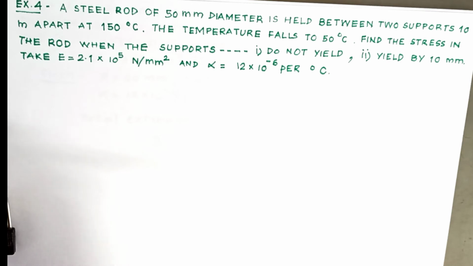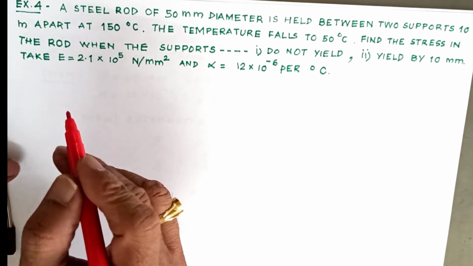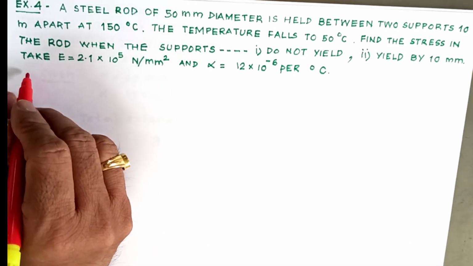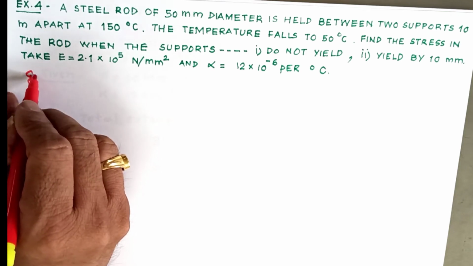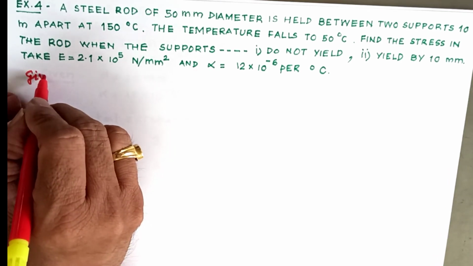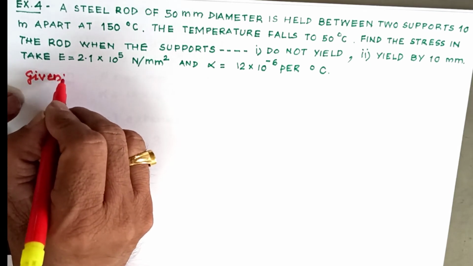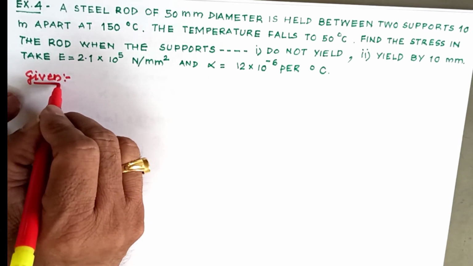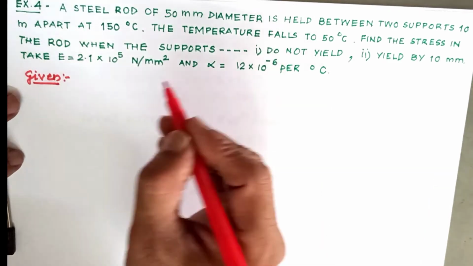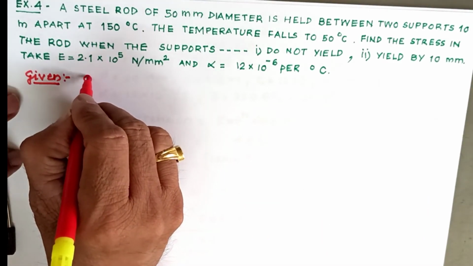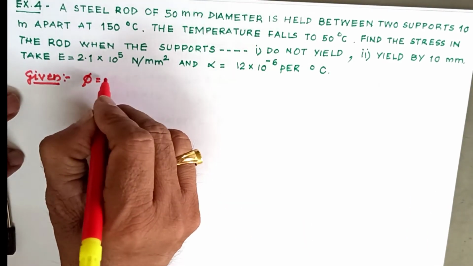So let us first write down the things given. So what is given? 50 mm diameter rod, that is phi is equal to 50 mm.